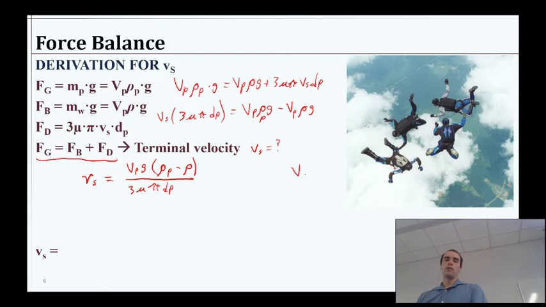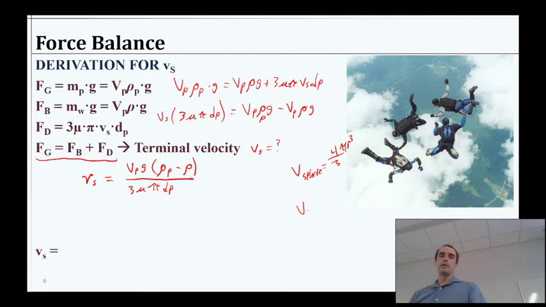the volume, right? So the volume of a sphere is what, 4/3 pi r cubed, right? And so we want to change that r to diameter instead of radius.